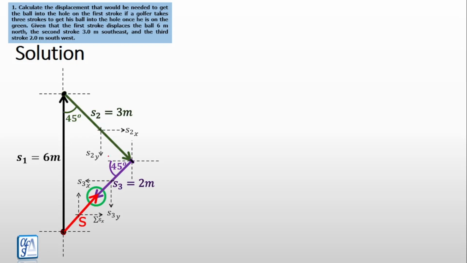The horizontal component is going to be the resultant of all horizontal components, S1, S2, S3, that's the addition of all horizontal components. Now, we also have the summation of Sy, which is the summation of all vertical components.